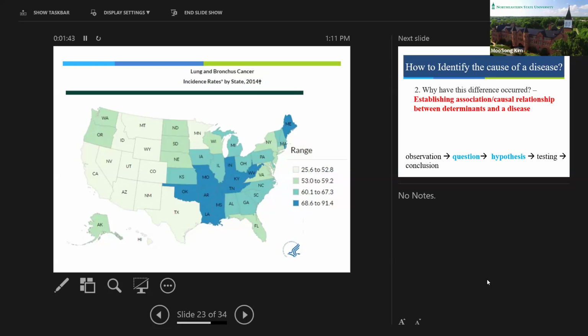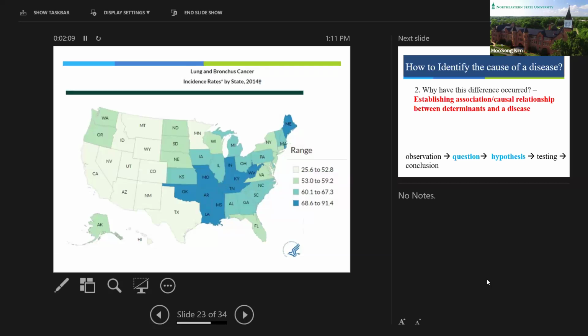We always learn there is a cause and disease, and that is epidemiology. You are the epidemiologist now. This area has a higher lung cancer rate, so you might need to figure out some cause. What kind of cause is related to this area?